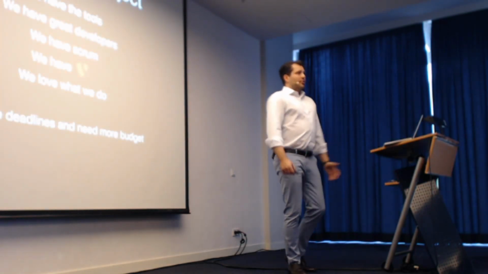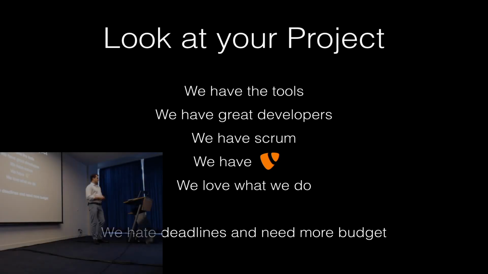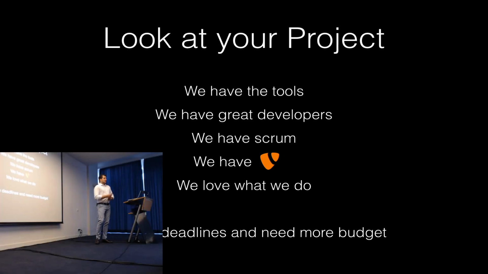So we look at our project, what we want to do, and we have great tools. We have Git, we have branches, we have release branches, we have automated testing. We have done wireframes with our client. We have a prototype. The client already tested our prototype. It's pretty clear what we need to do. We have sprints, code sprints. Many things will help us. We have great developers. We have TYPO3.